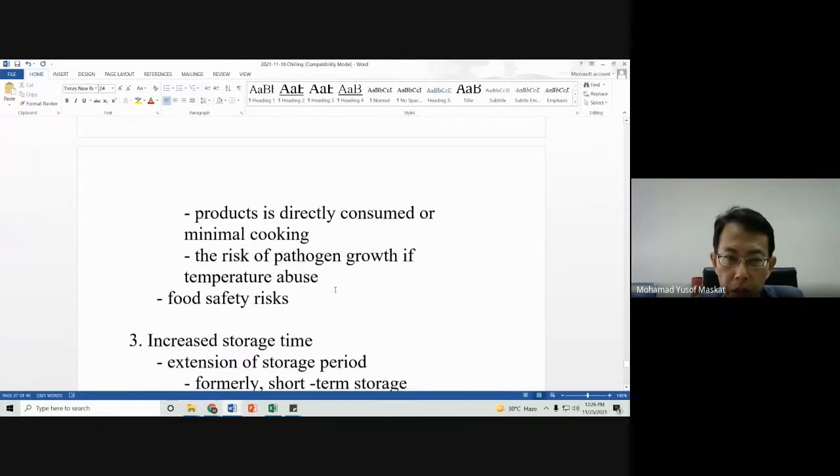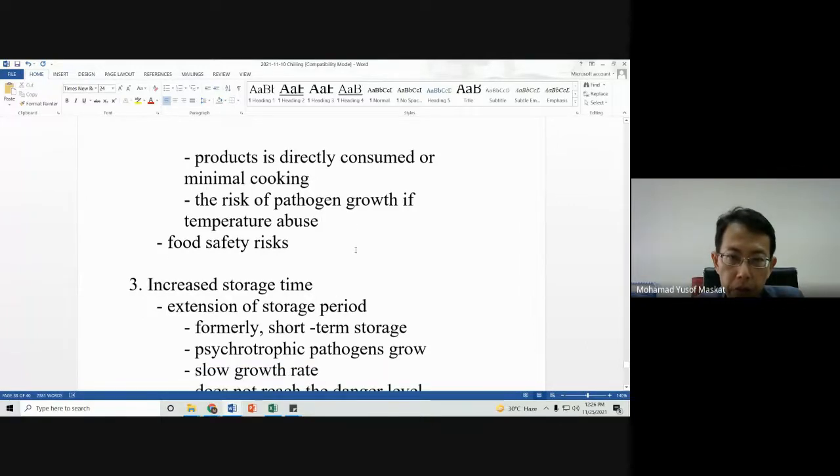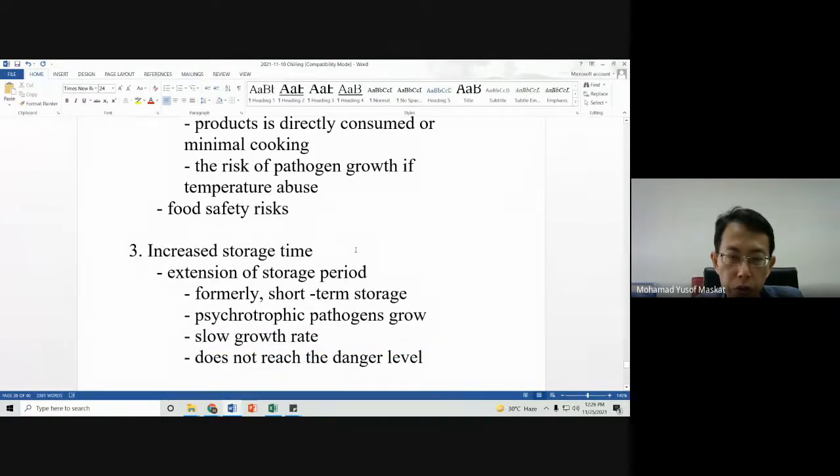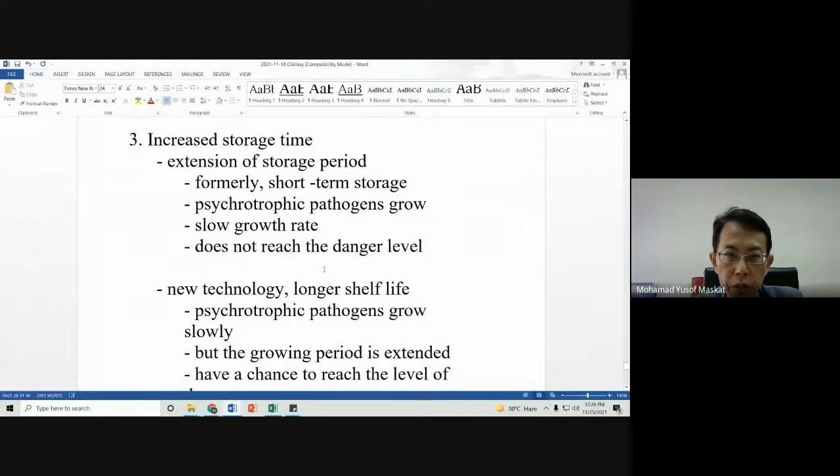So it is directly consumed, or with very minimal cooking. So there is a risk of pathogens if there is temperature abuse. That is the main issue, one of the issues of chilled products. And then, increase storage time, the extension of storage period.